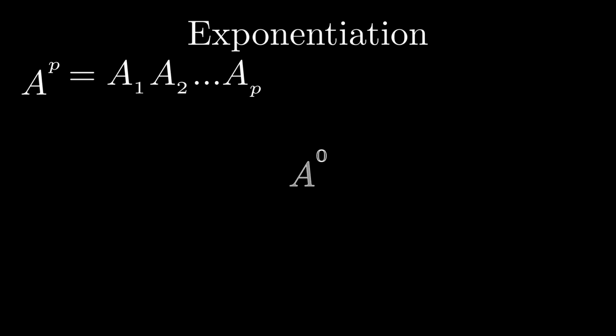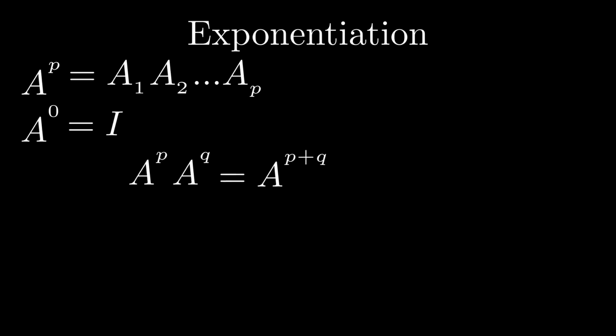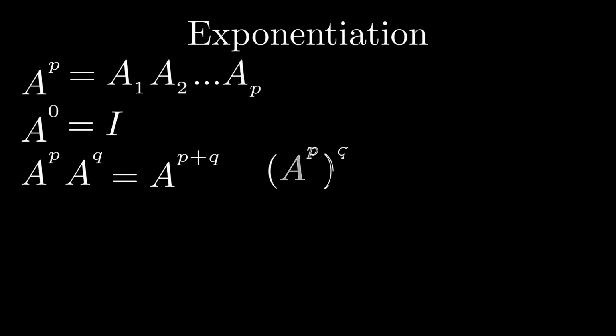A to the 0th power is the identity matrix of the same size. A to the power of p times A to the power of q is equal to A to the power of p plus q. And A to the power of p, to the power of q, is equal to A to the power of p times q.